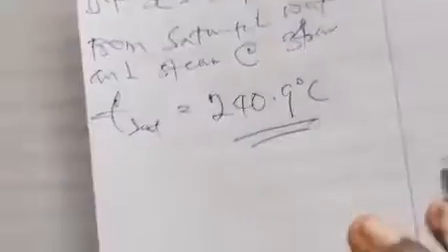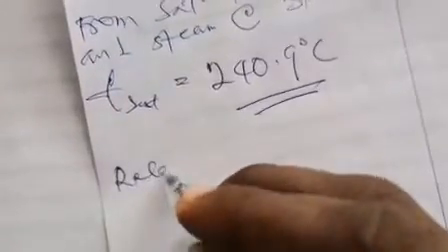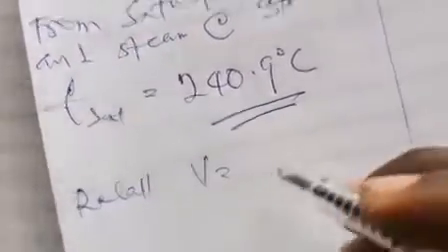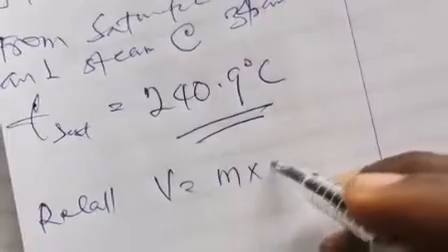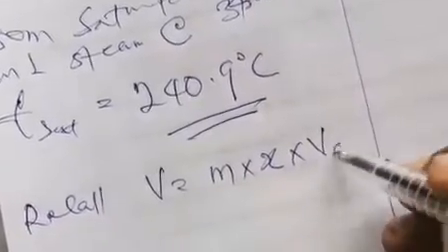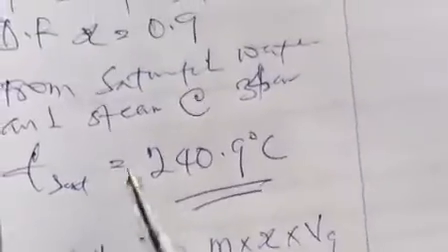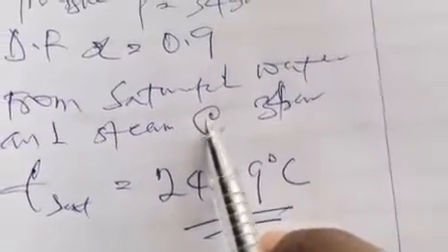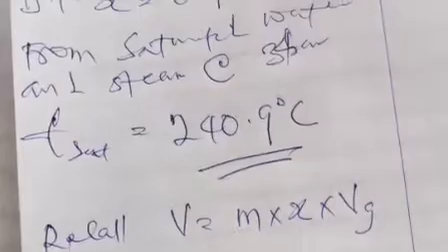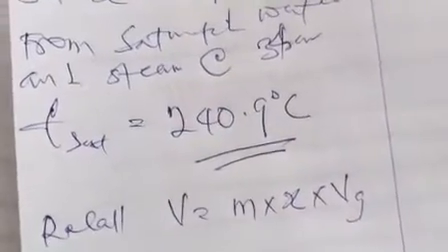Next is to find the volume. Recall we said total volume is mass times dryness fraction times the volume of the gas at that given pressure. From saturated water and steam corresponding to 34 bar, we obtain the value of Vg at 34 bar.